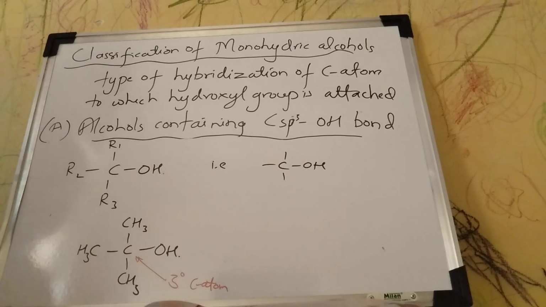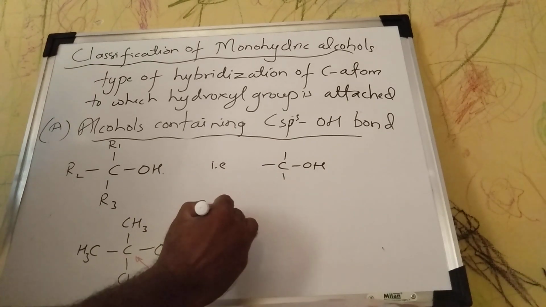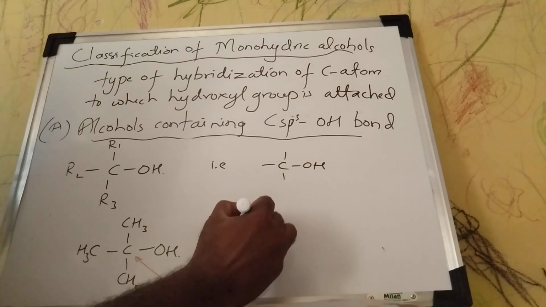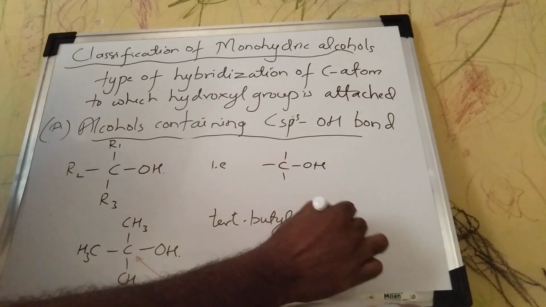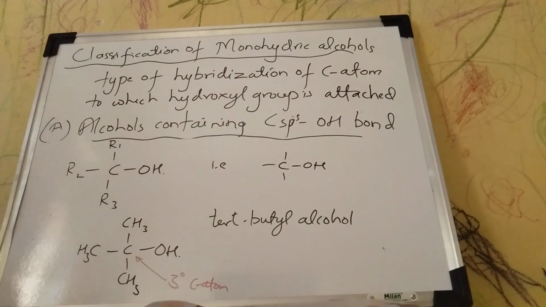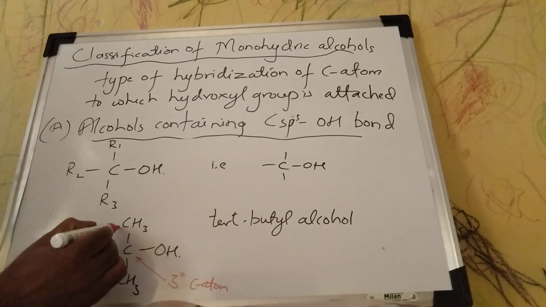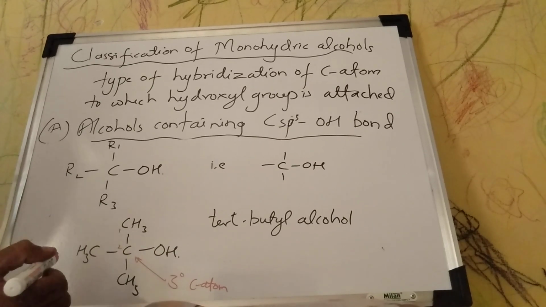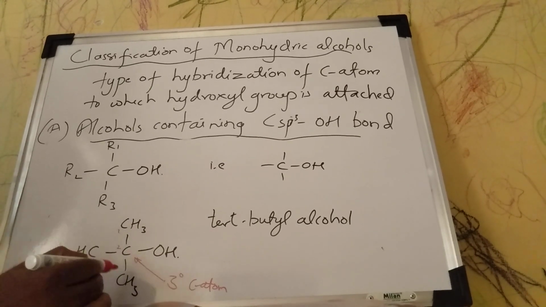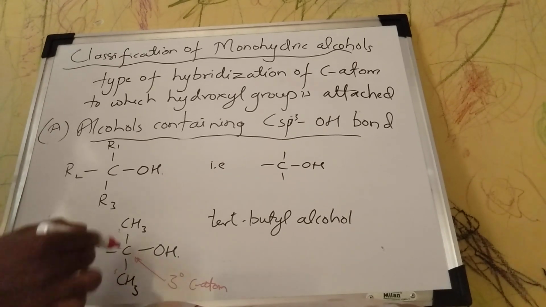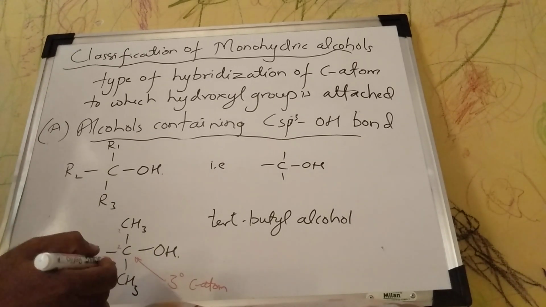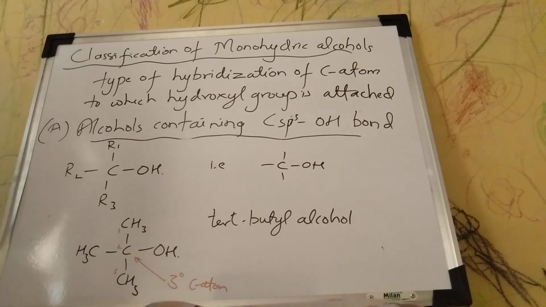So the name of this goes to be tert-butyl alcohol. Now the IUPAC name: 1, 2, 3. If you count from all the three directions, the second carbon atom has the OH.